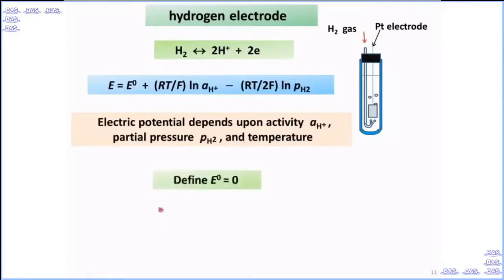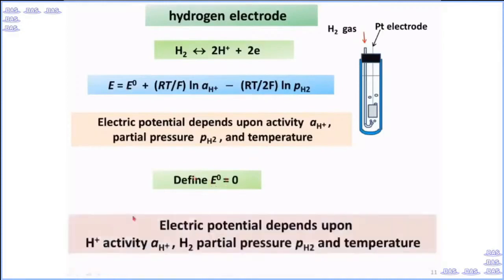And we select zero and define E0, the standard potential, as zero. Electric potential depends upon proton activity, hydrogen partial pressure and temperature.